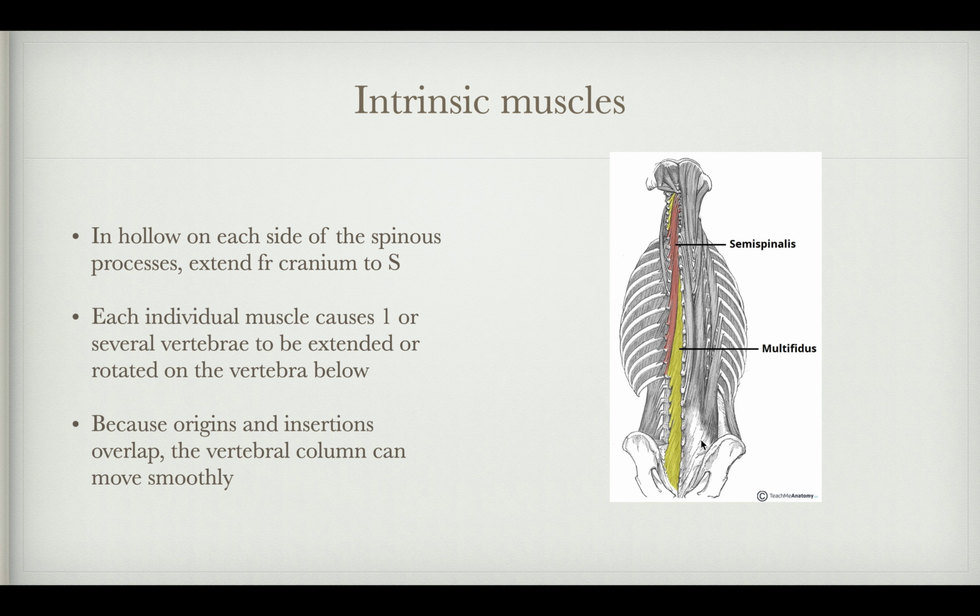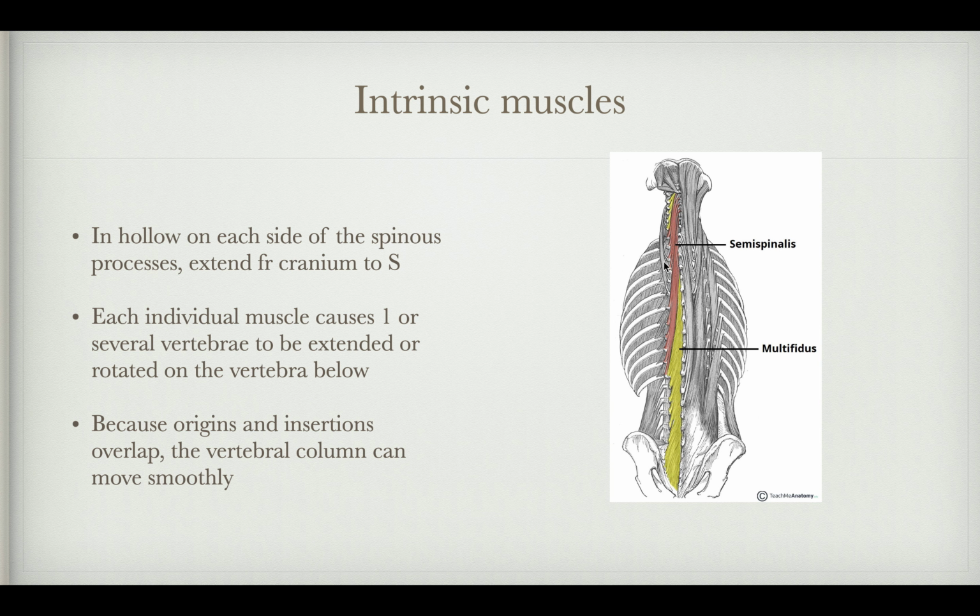The intrinsic muscles are the deep muscles, and they play a large role in stabilizing the vertebral column. And they lie in the hollows on each side of the spinous processes, and they extend from the cranium to the sacrum. So each of the individual muscles causes one or several vertebrae to be extended or rotated on the vertebra below.